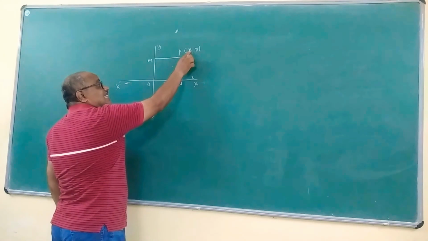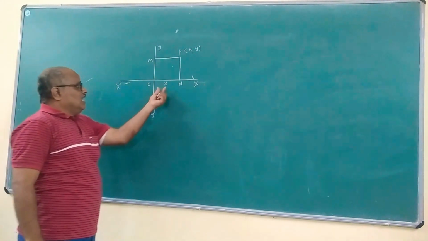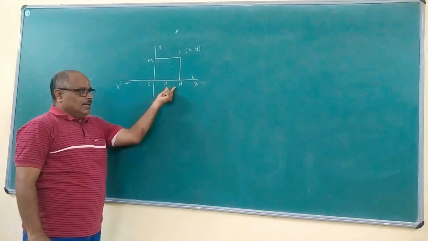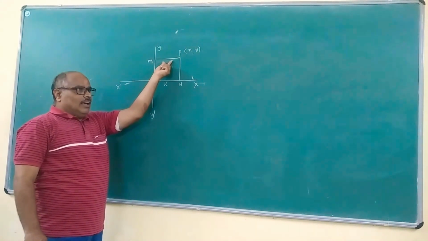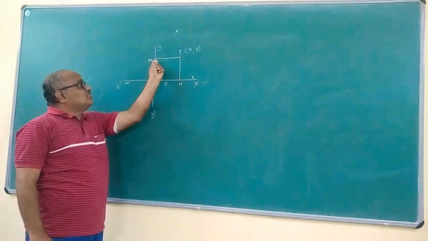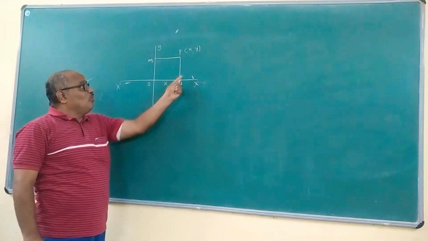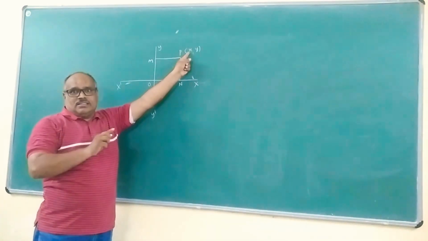Therefore, x is the distance from the y-axis. So here, OM is what? X. But OM should be equal to MP. MP is drawn from the y-axis. Therefore, x represents the x coordinate.